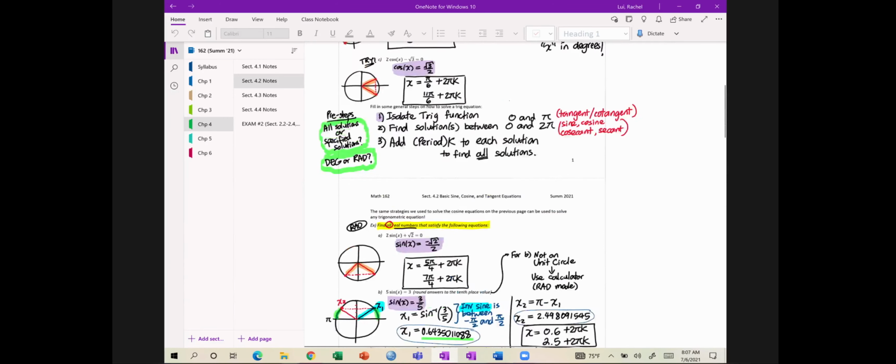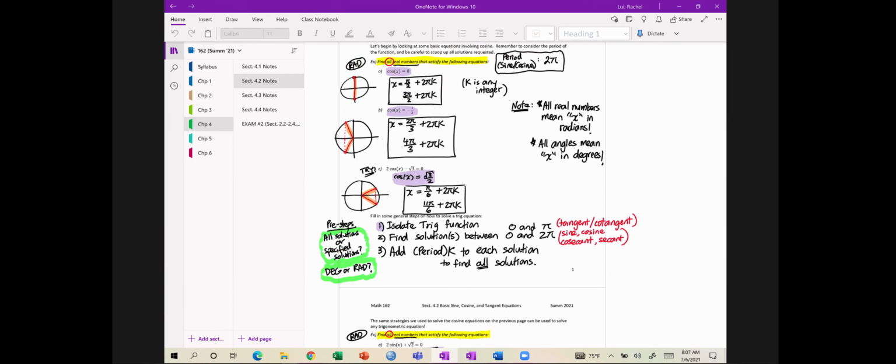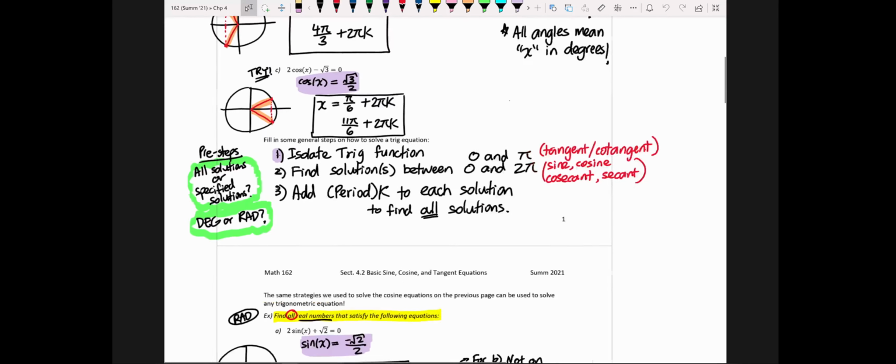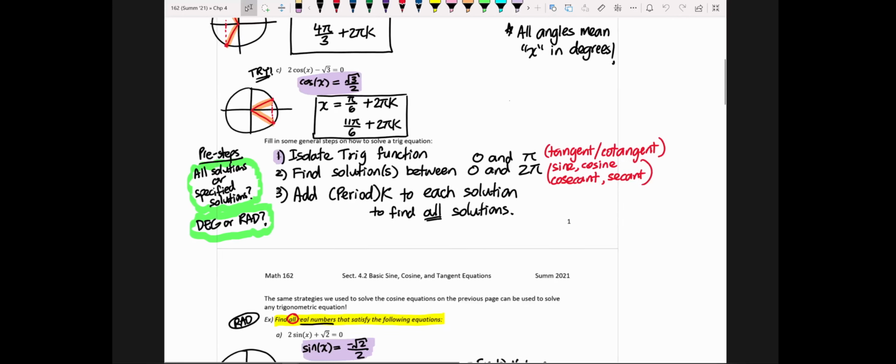Okay, so in chapter 4, we learned about inverse trig functions. Learning about inverse trig functions allows us to solve trigonometric equations. The core 3 steps that we have are listed here. So we isolate our trig function, find the solutions in 1 period.